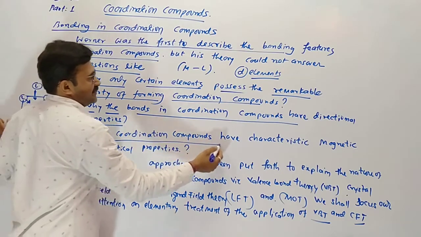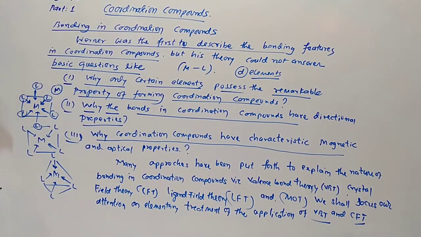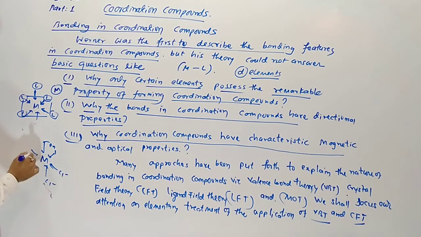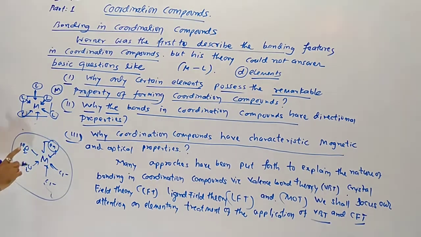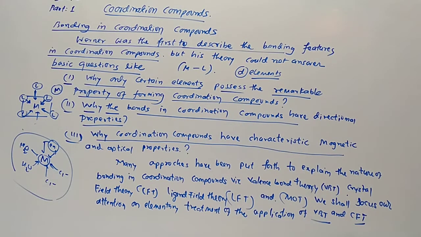Why do coordination compounds have characteristic magnetic and optical properties? Yes, in the case of octahedral with a minimum of one bidentate ligand present, it is optically active, chiral. Why? The reason is not given by Werner.